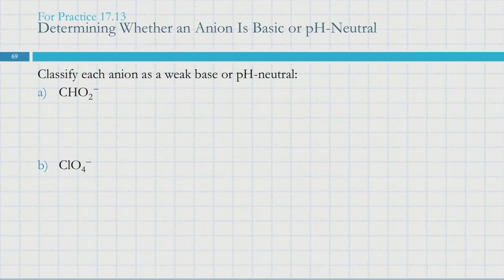Classify each of these anions as a weak base or pH neutral. So what we want to be thinking about for this type of problem is if we add hydrogens onto that anion, is it a strong or a weak base?